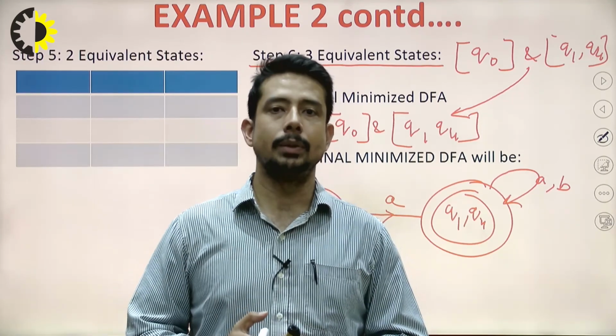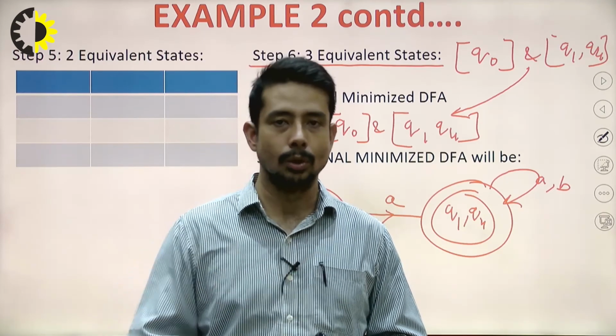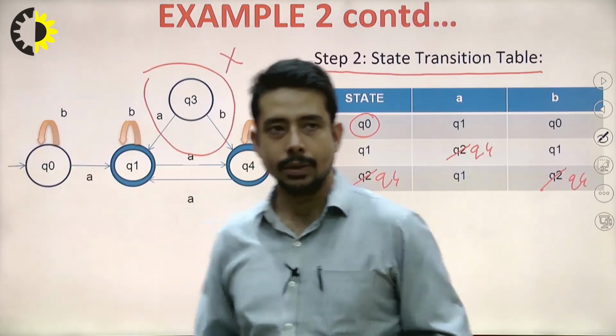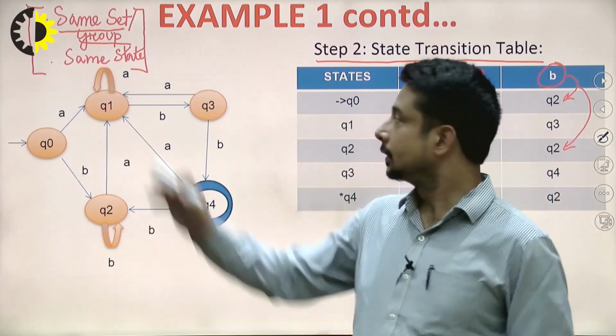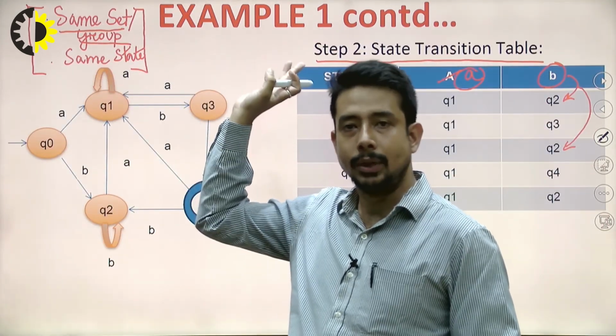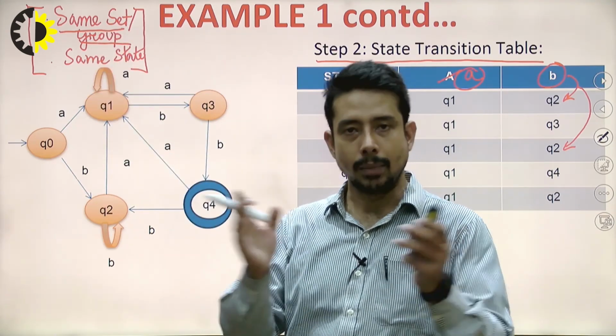From step number 3, you need to bifurcate the final states and the non-final states into 2 groups. After that, you need to check this process for both the input symbols. If any one of the categories is satisfied, then yes, we can make a pair.